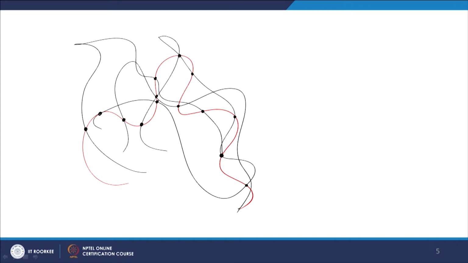So, I am drawing the junctions for the red chain in question, but similar junctions are also present in the black chains, the other chains in the system. So, these junctions now, or we can think of them as temporary cross links, they provide constraint or resistance to flow.